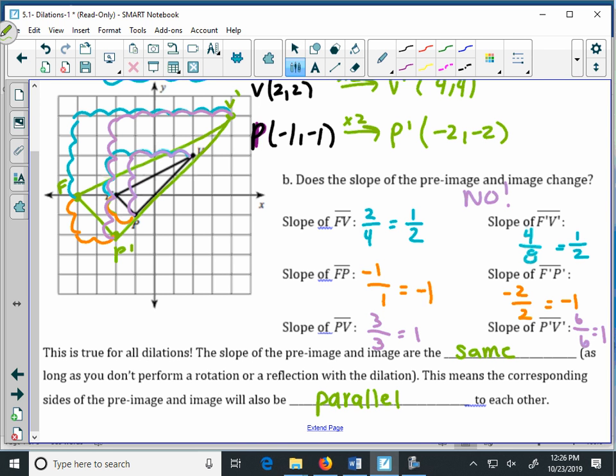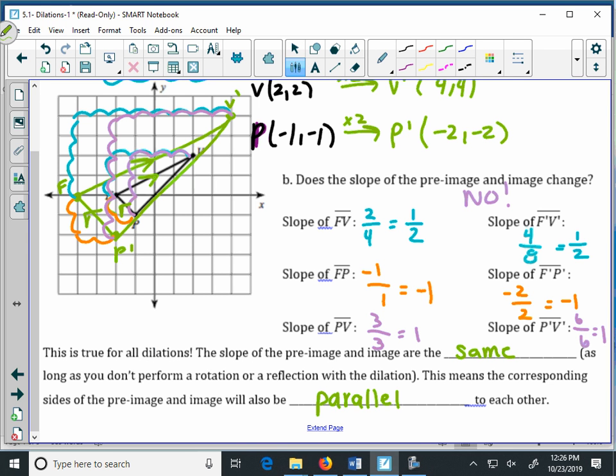So F prime, P prime, parallel to FP. V prime, F prime, parallel to VF. V prime, P prime, and VP, they're technically the same line. This is a special case because the y-intercept is the origin.